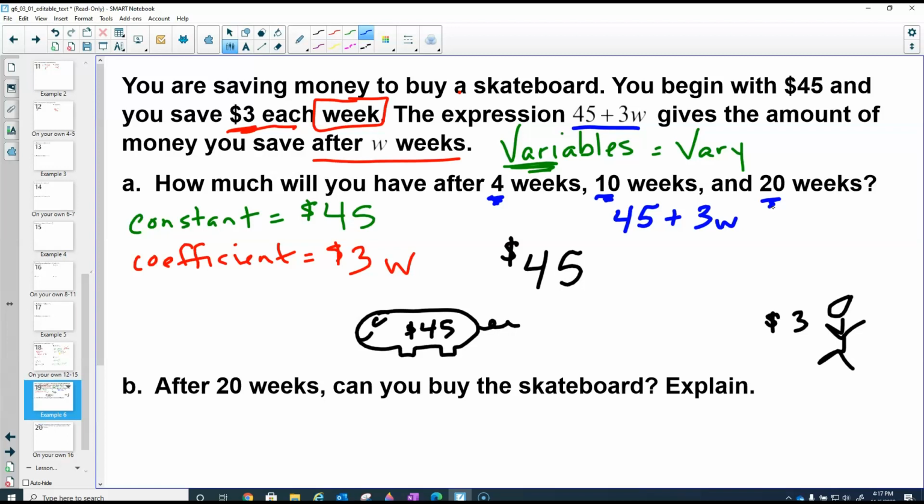So now I'm going to plug in those different variables. If I start with the 4 weeks, 45 plus 3 times 4, I would end up doing PEMDAS. 3 times 4 is 12. I need to do that first. Then I can add.